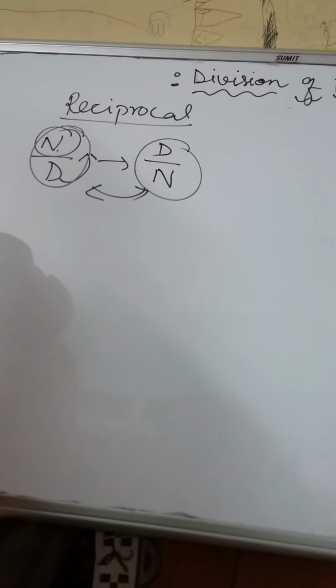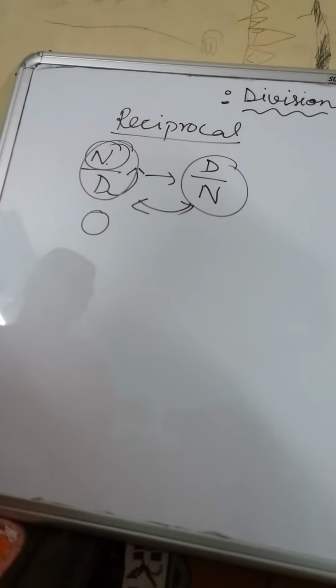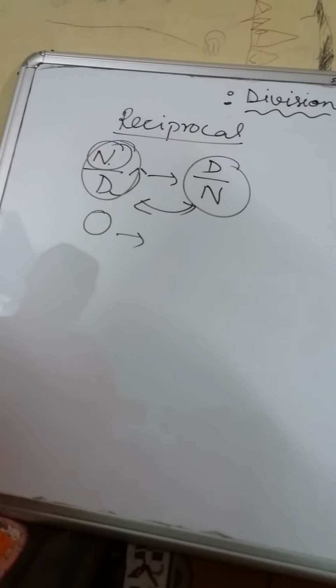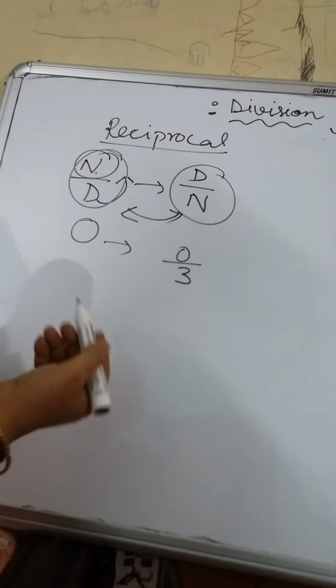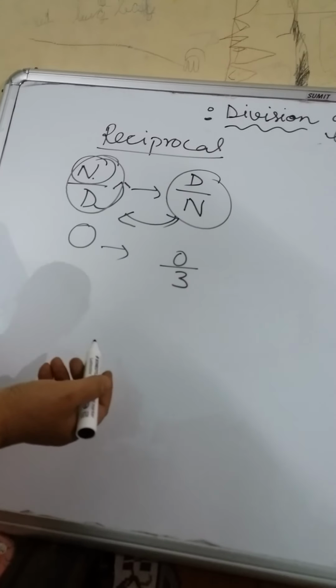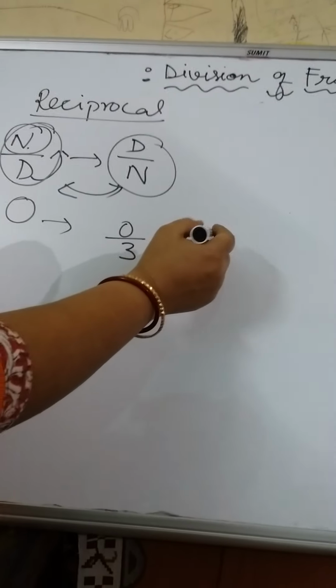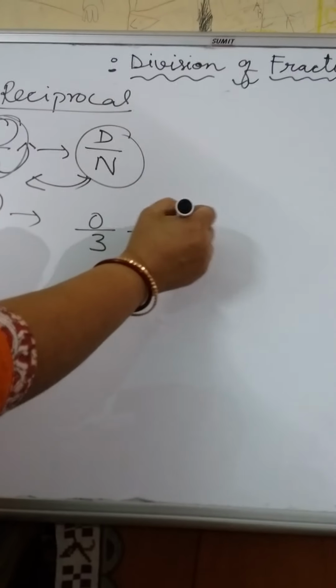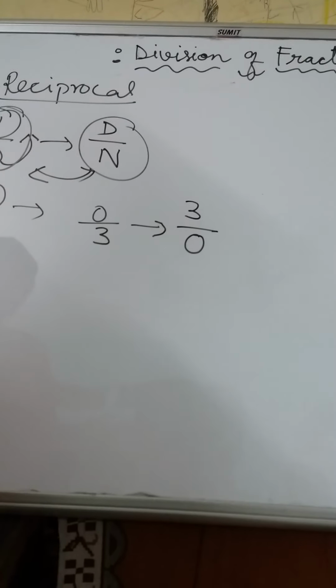Okay. Now what will be the reciprocal of 0? You can write 0 as 0 by 3, or 0 by any whole number or any integer. Now when you reverse it, 3 will come to the numerator and 0 will come to the denominator.